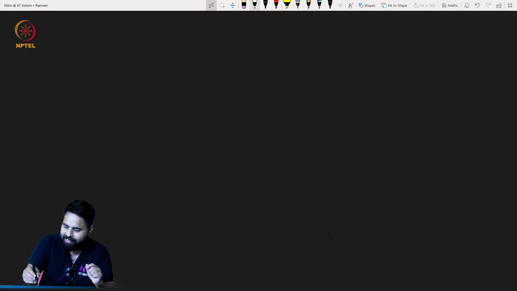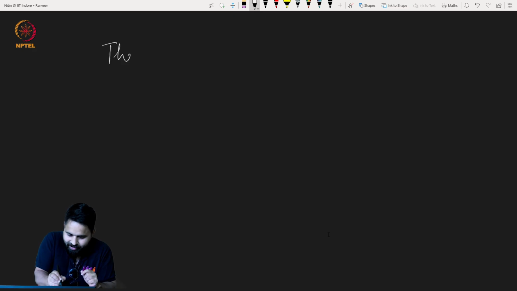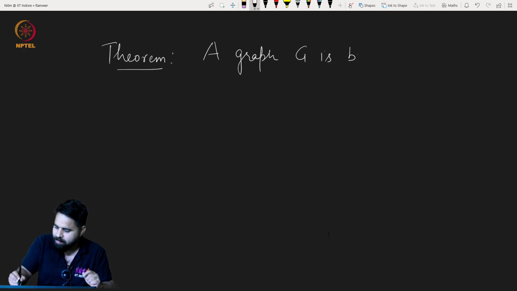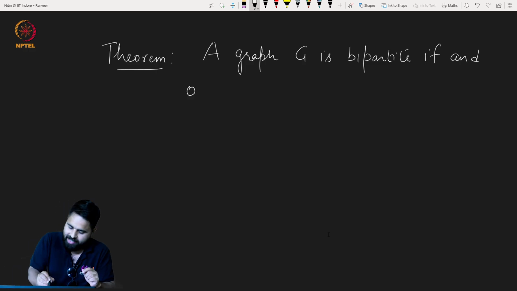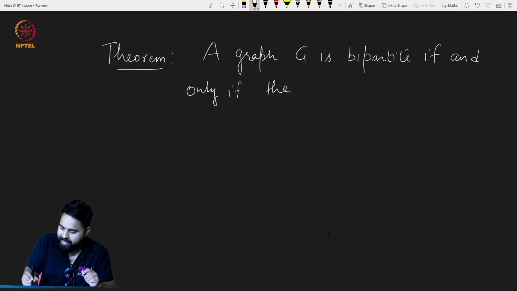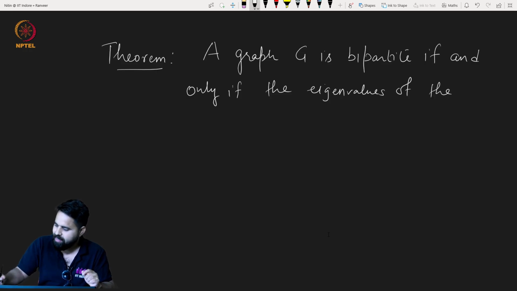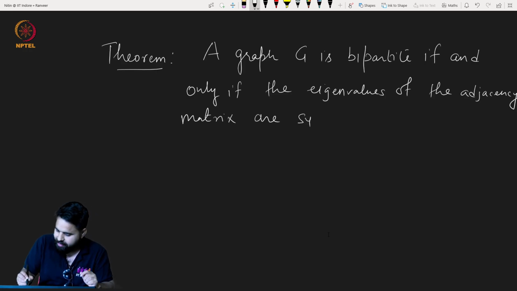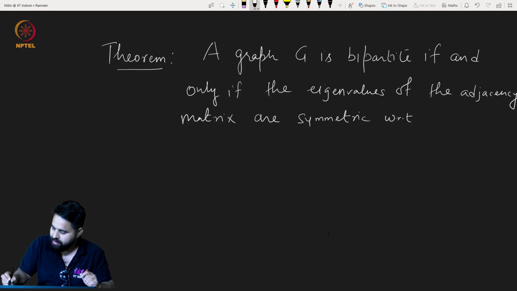So let me first write down the statement. The statement is this: a graph G is bipartite if and only if the eigenvalues of the adjacency matrix are symmetric with respect to 0.